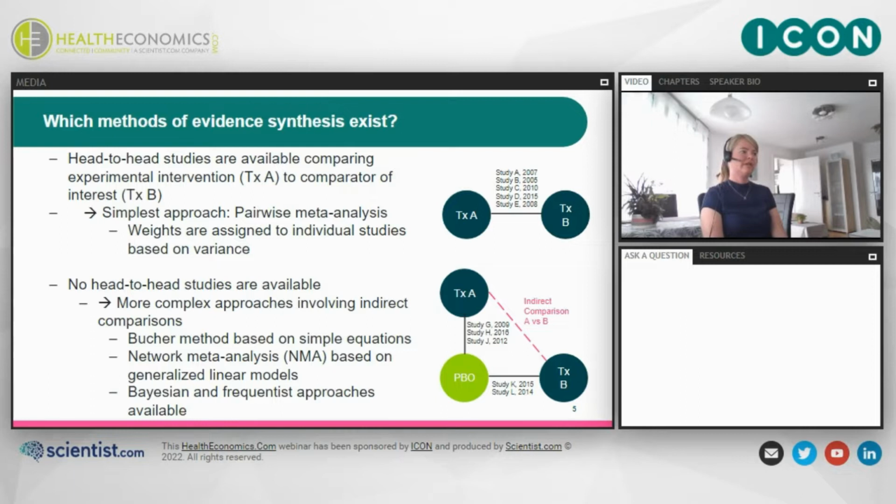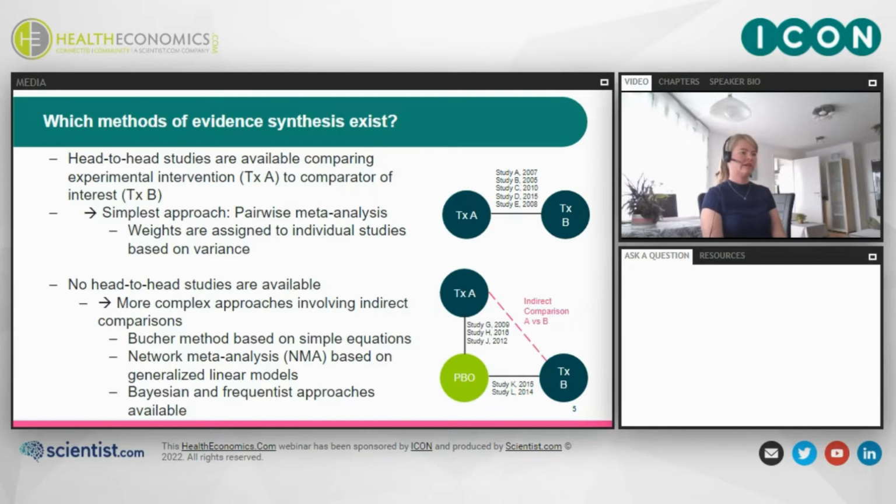If we do not have head-to-head studies available, we would then need more complex statistical approaches for comparisons, since also indirect comparisons are involved, as you can see in the graph at the right.